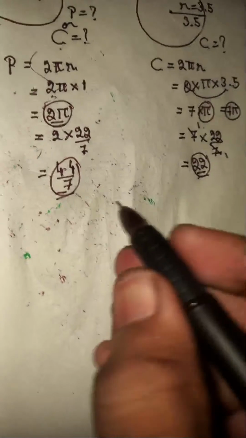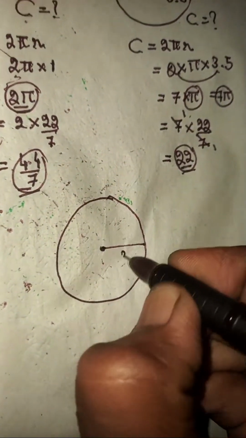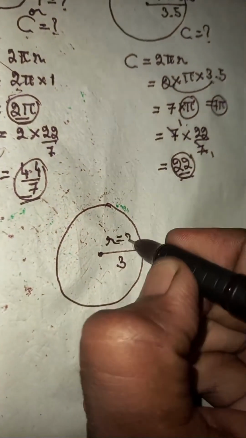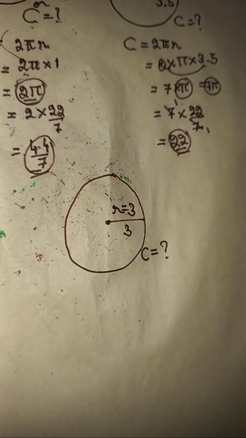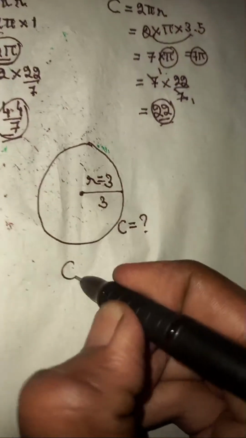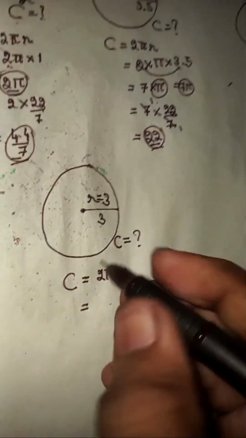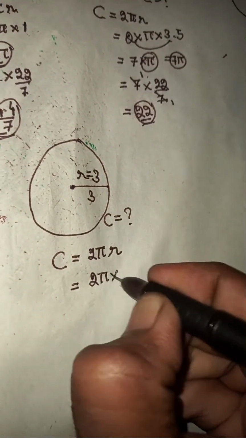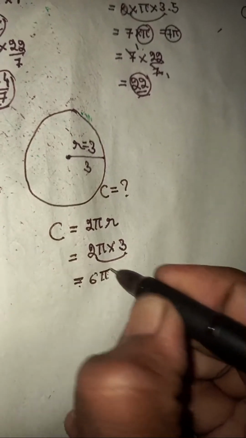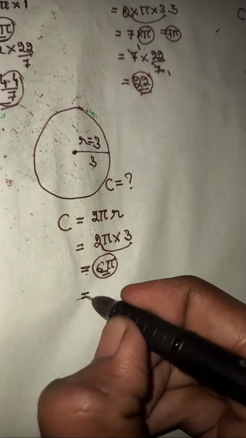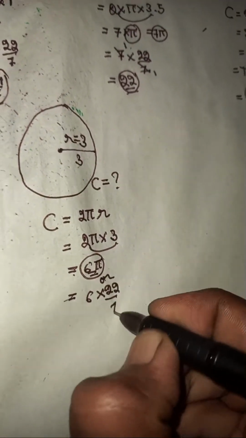Let's take one more circle. Here in this circle they have given that the radius is 3 units. 3 units is the radius. Now you can find out what's the circumference. Here circumference equals 2 pi r again, which is 2 pi times 3 units. 3 times 2 is 6, which is 6 pi, the circumference, or you can substitute pi equal to 22 by 7.